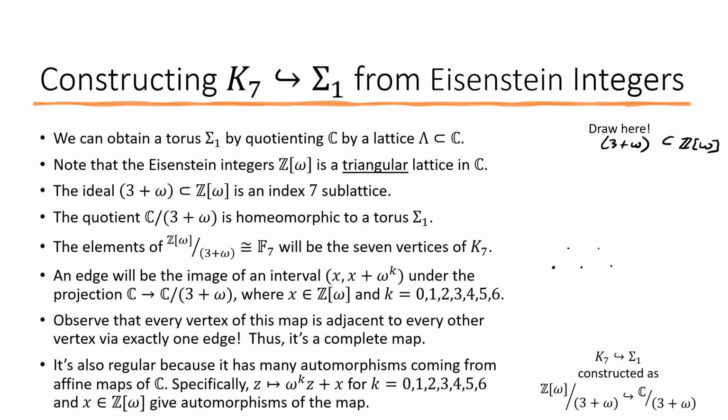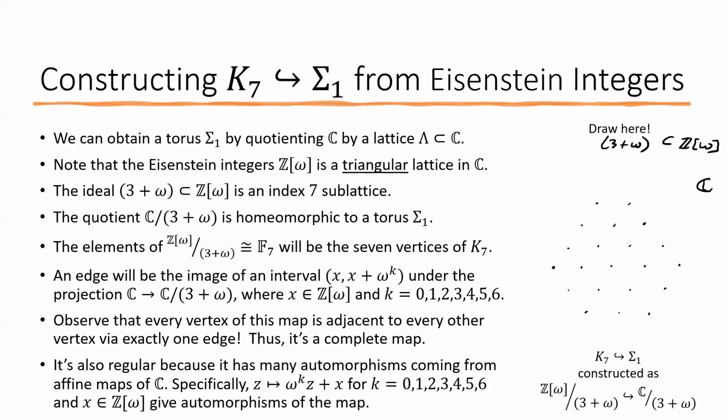So I'll draw some triangles. Okay, so I have some points in my lattice, and the torus that I'm going to take is C modded out by 3 plus omega. And this is homeomorphic to a torus.